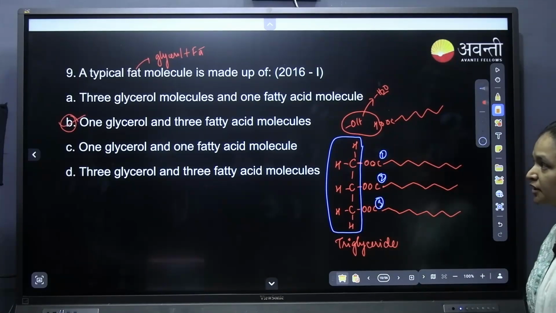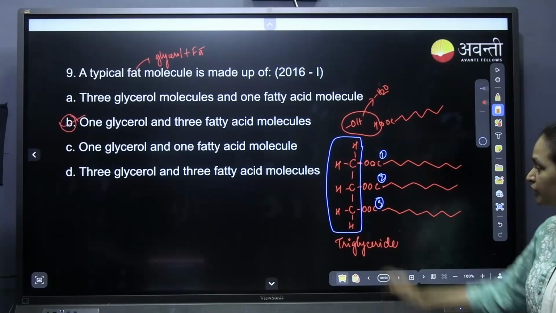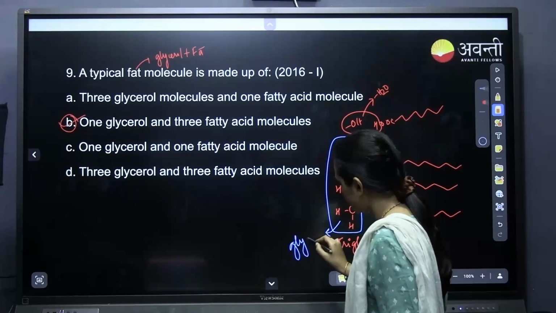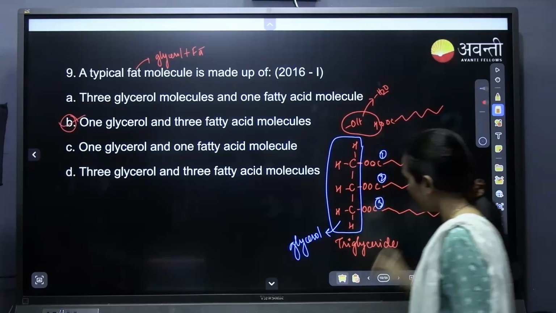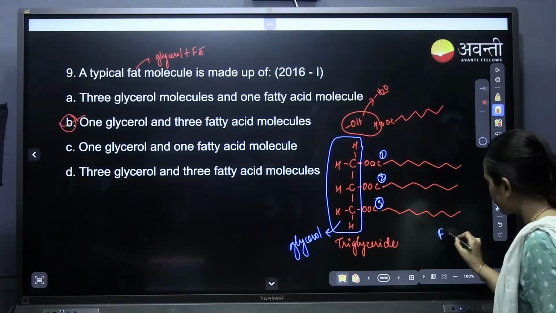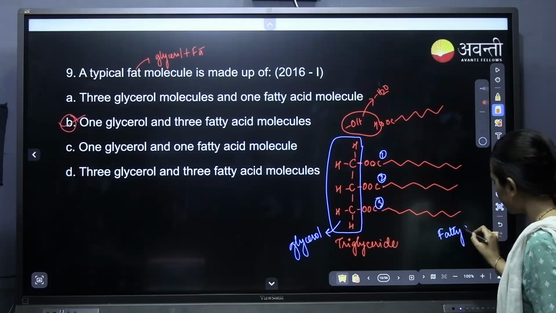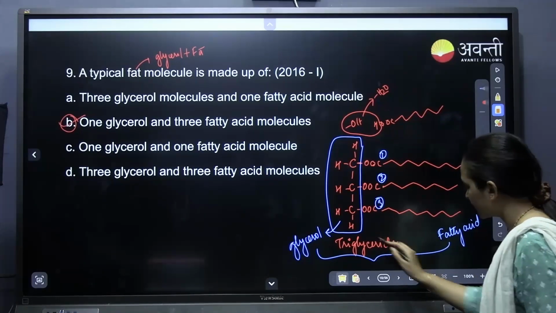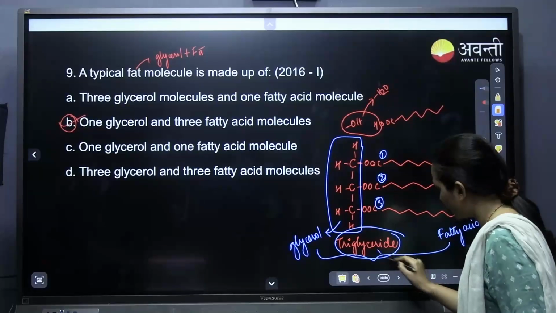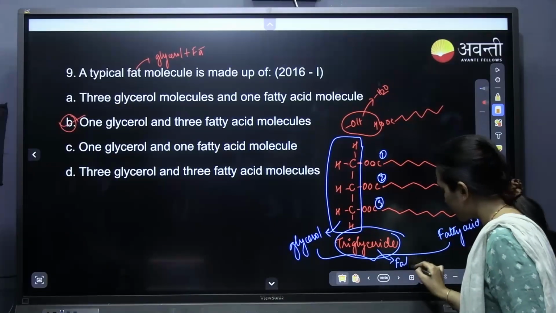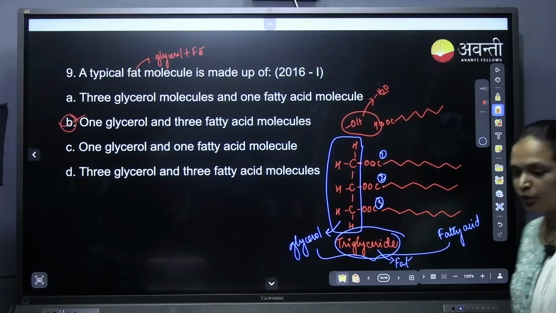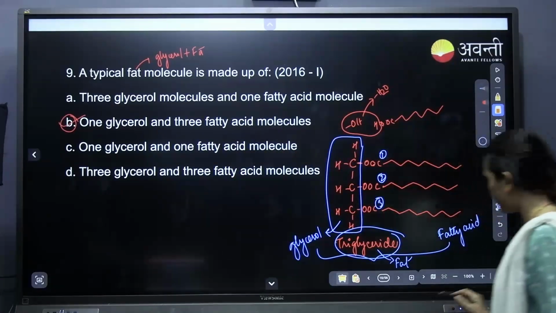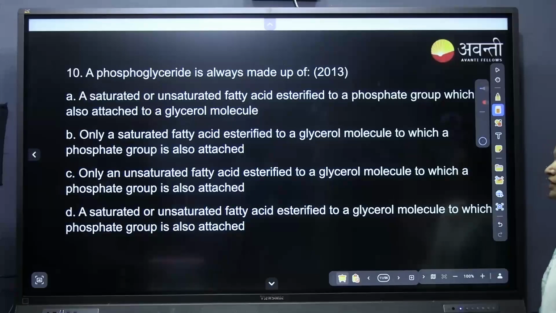So this is the typical fat molecule, made up of one glycerol and these fatty acids. Together, these make this triglyceride. This is a fat. I hope you understood. So B for Bombay is the right answer for this.